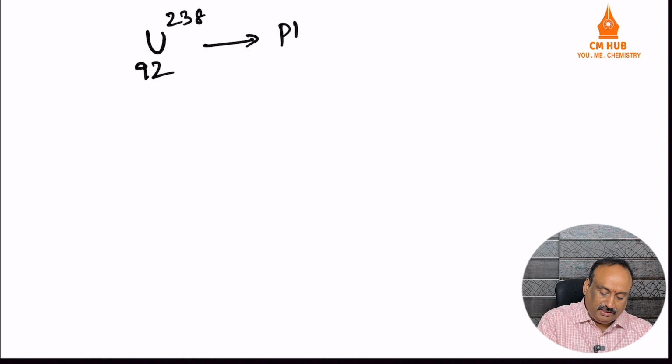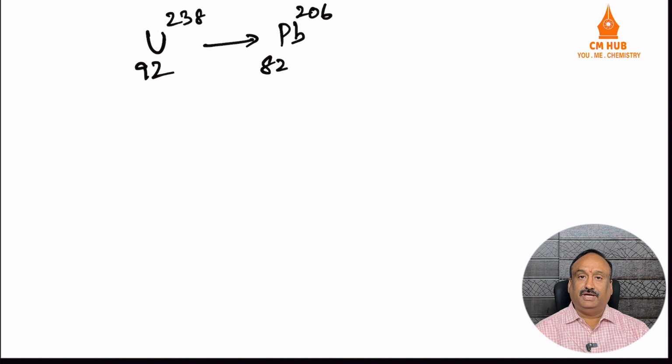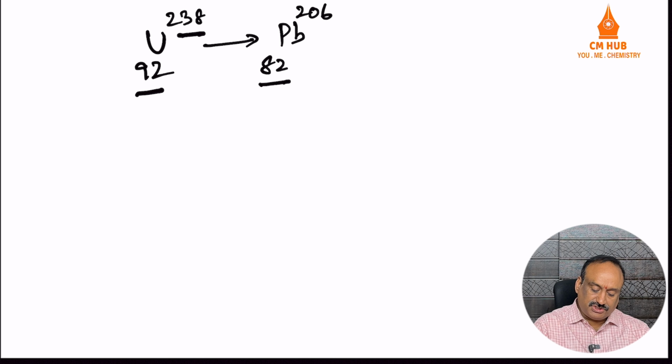Let us look at the equation. Uranium 92-238 converts into lead 82-206. This nuclear disintegration is accompanied by the emission of alpha particles, beta particles and gamma particles. The change in the atomic number, the change in the mass number that you observe is because of this emission of alpha and beta particles.